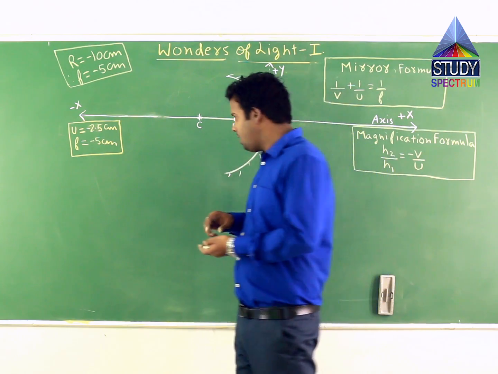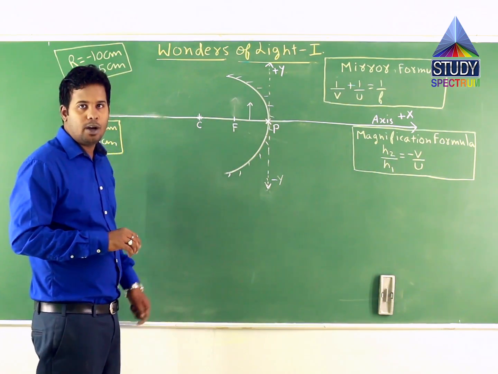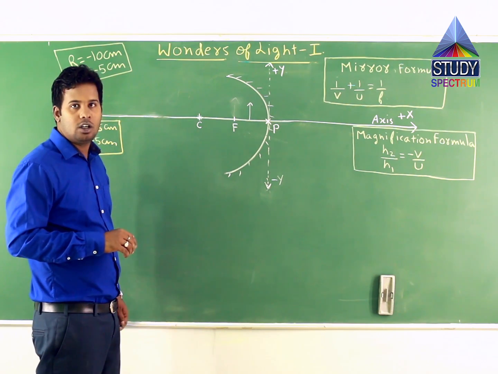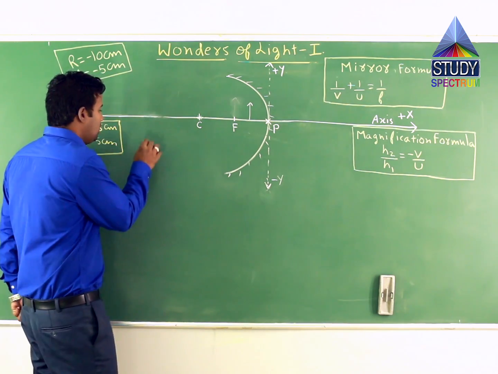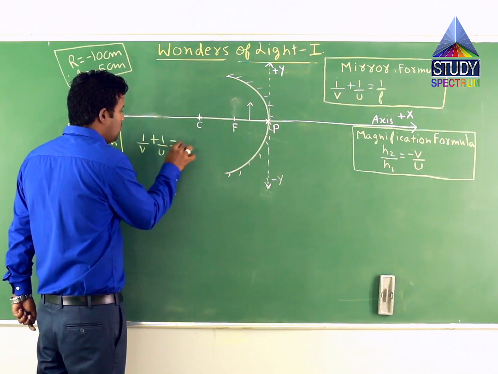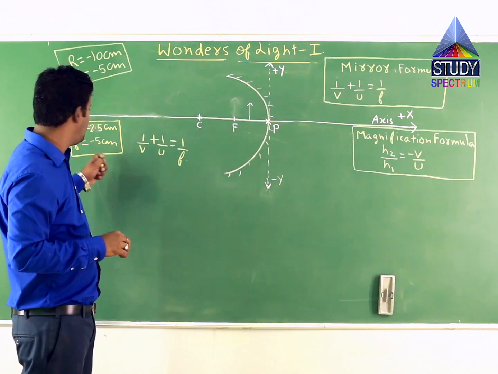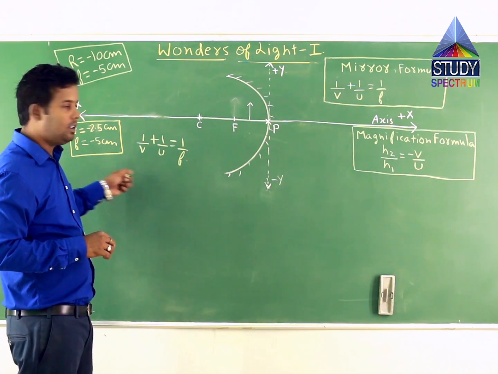Okay. Now again, I will use the mirror formula 1 by v plus 1 by u is equal to 1 by f, and check what are the two results which can be obtained. And like in all cases I have done, I will substitute the value of u and f in this equation.